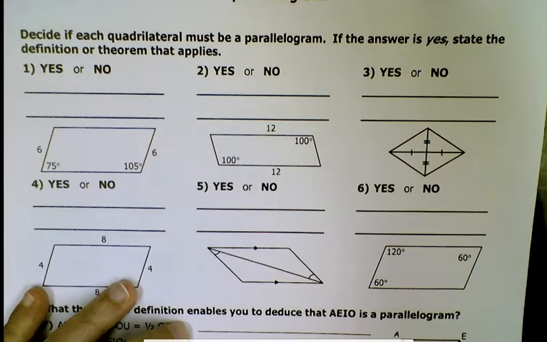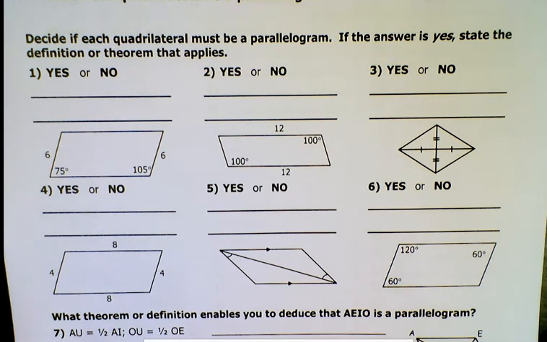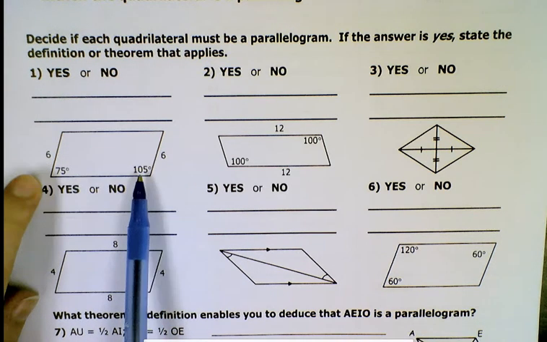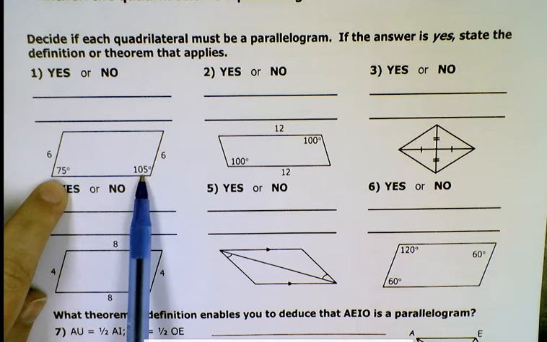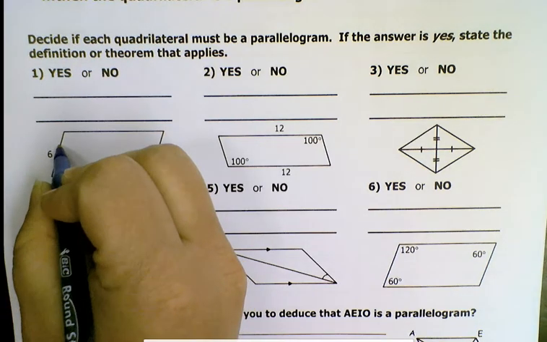Right, if we take a look at these 6 examples, we have to determine if the quadrilateral is a parallelogram. For number 1, we do have one pair of opposite sides congruent. And since we have these 2 angles marked, if we look at those, they would add up to 180, which means they're supplementary. And they would be same side interior angles.